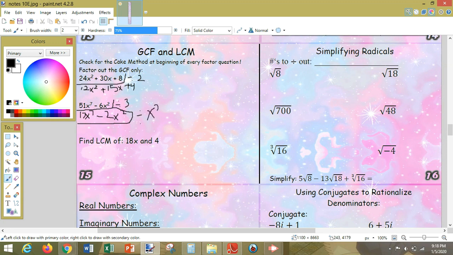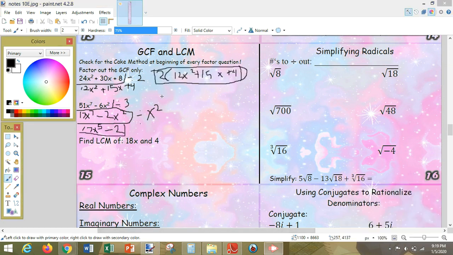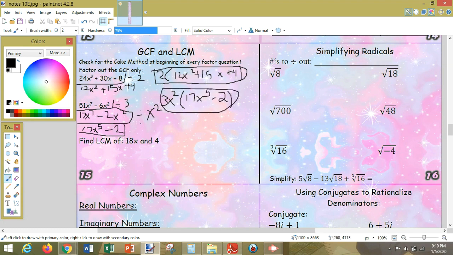You take out 2 of them, because the smaller degree is 2. So we have 17x to the 5th power. It's 5 because 7 minus 2 is 5. So our greatest common factor is 3x squared, so that goes on the outside. And what goes on the inside is 17x to the 5th minus 2. That's our factored form.